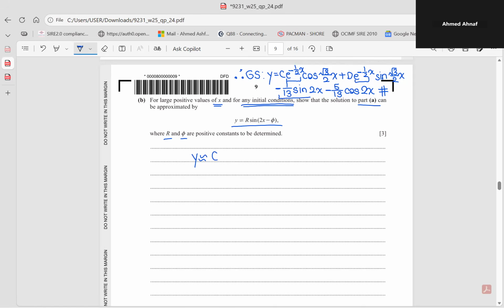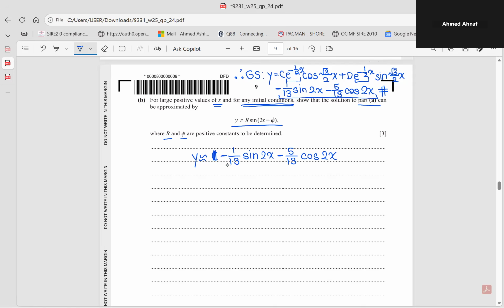Therefore only this is going to remain. So y can be approximated to minus 1 over 13 sine 2x minus 5 over 13 cosine 2x.